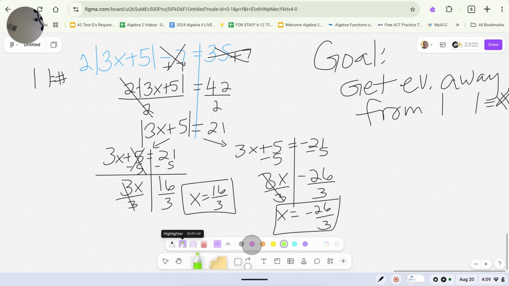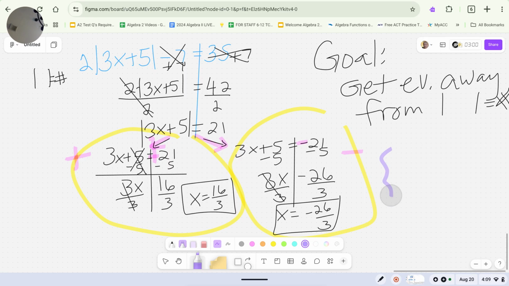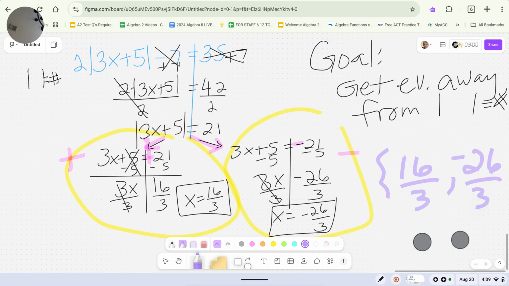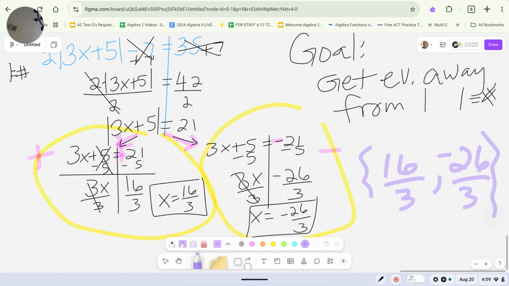You split it to the positive side where it's positive 21, and you split it to the negative side where it's negative 21. And then you just solve this side and you solve this side, and that's how you get your two answers. So your final answers are 16/3 and negative 26/3. So that's kind of just how you do absolute value.